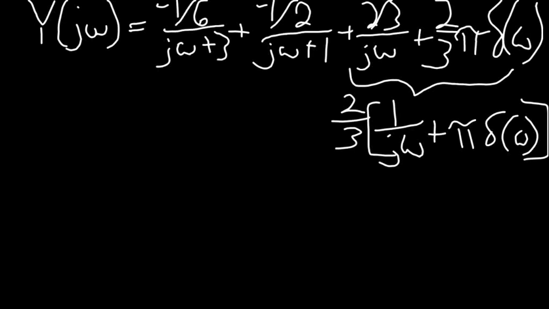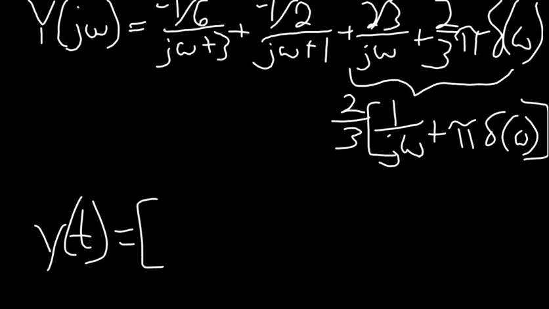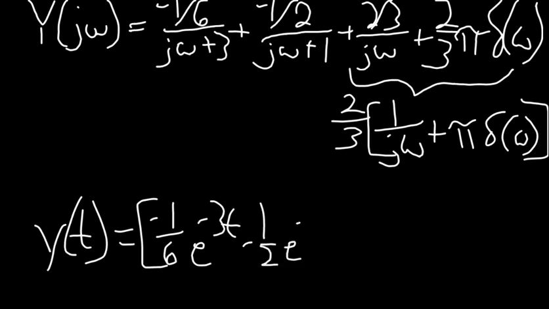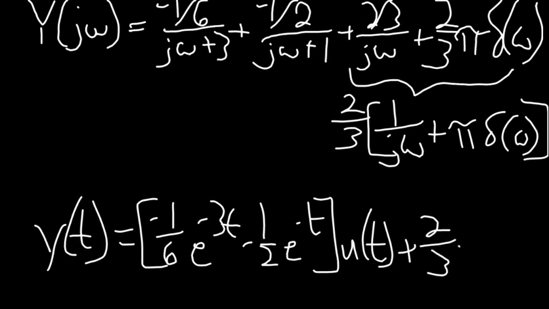Therefore, when we get y of t, the beginning becomes minus 1/6 e to the negative 3t minus 1/2 e to the minus t, and that's multiplied by u of t, plus 2/3 u of t.